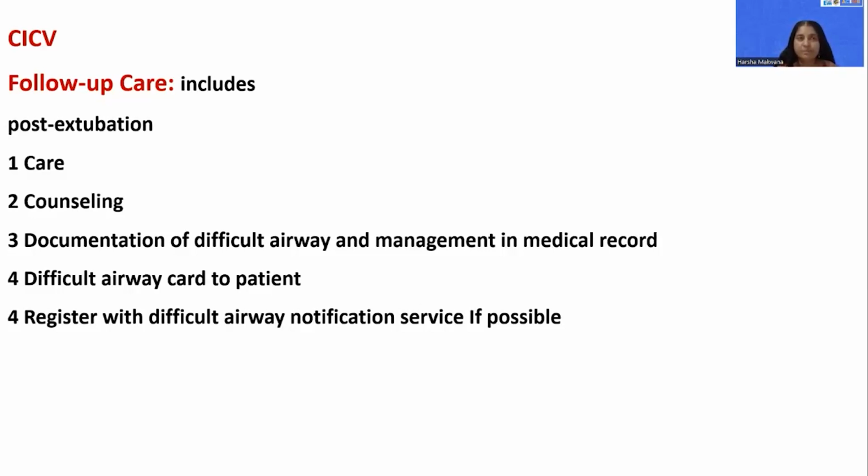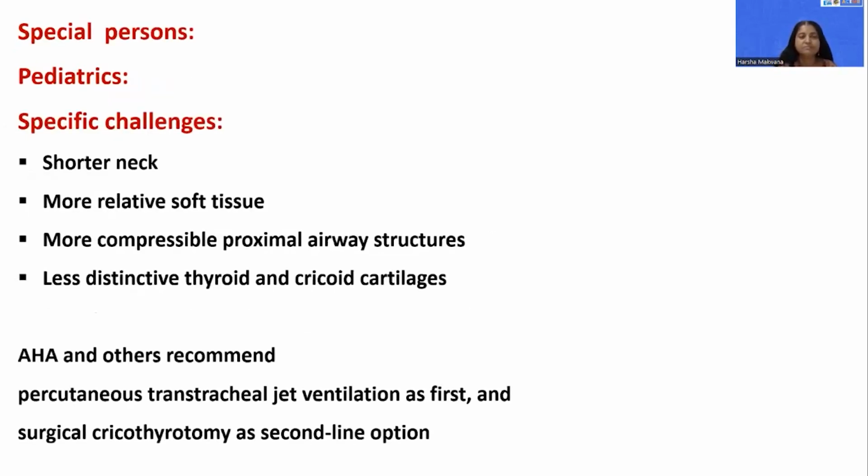Also, if the patient has difficult airway management, it has to be documented in his medical records, and that part of the record, or a copy of it, should be given to the patient. Also, if there is a difficult airway notification service in that hospital, area, or region, then it should be registered with that service.